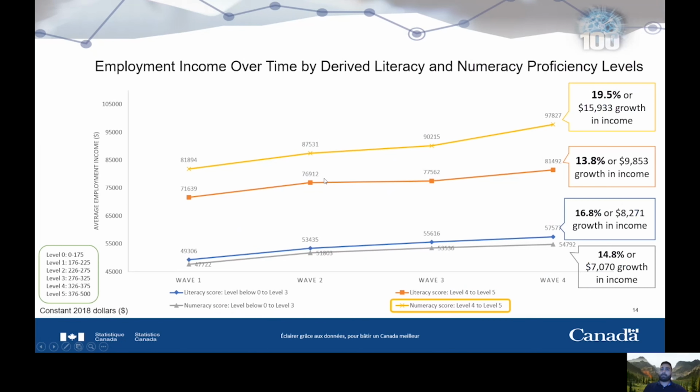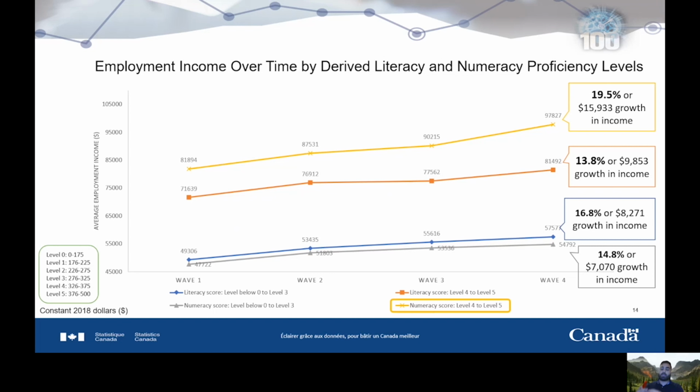Now let's look at employment income over time by derived literacy and numeracy proficiency levels. This is pretty consistent with the literature on literacy and numeracy scores that many of you probably know, where people who tend to have higher proficiency are generally higher earners. The yellow line is those who scored high in the numeracy test, and the orange is those who scored high in the literacy test.